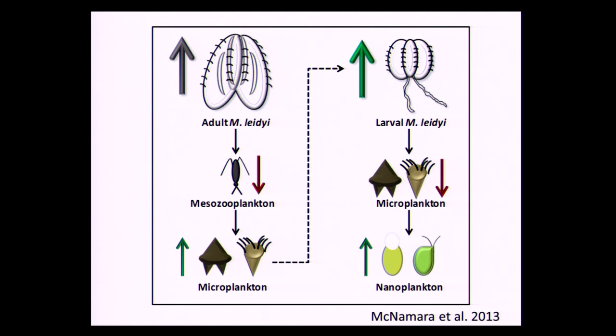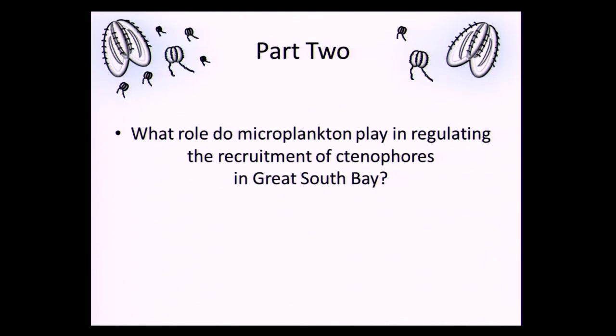We actually had an increase in microflagellates associated with the decrease in microplankton. So you had a trophic cascade here, you had a trophic cascade here, and they were feeding into one another. Again, the ctenophores aren't purposefully doing it, you know, it'd be neat if they were, but it's just a consequence. And it's starting to help explain why we get these blooms. Why do suddenly we have a few, and then within days we have so many? You're literally swimming through a sea of ctenophores, especially in Great South Bay.